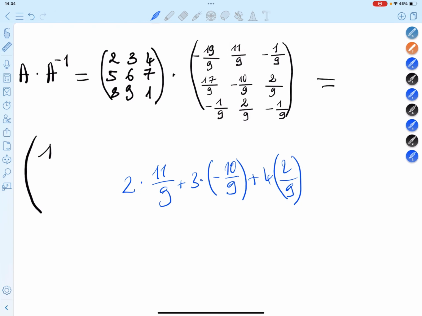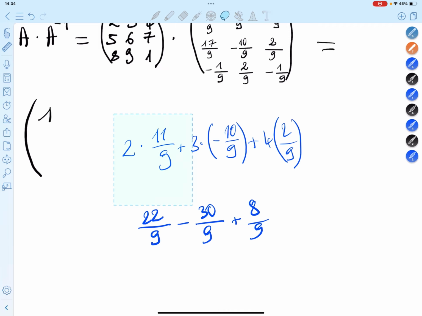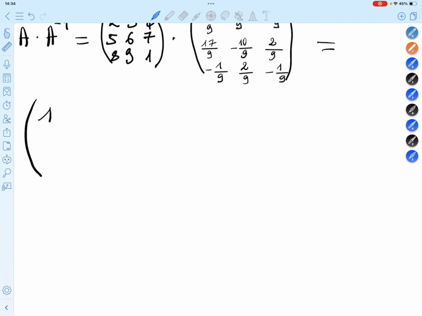Let's do this one manually. So we got 22 over 9, then minus 30 over 9, then plus 8 over 9. If we add 22 and 8 that gives 30, and 30 minus 30 gives me 0. So it is 0 as we expected.